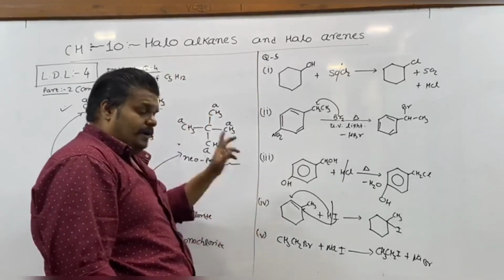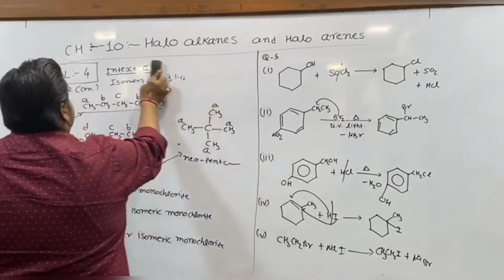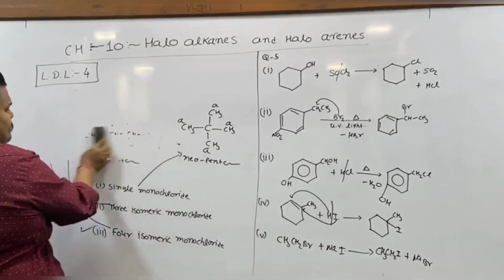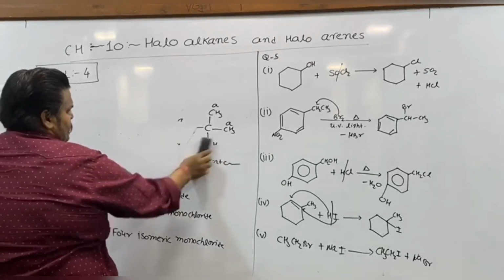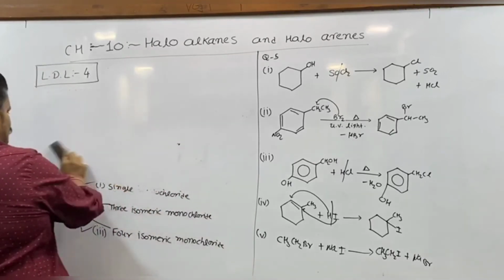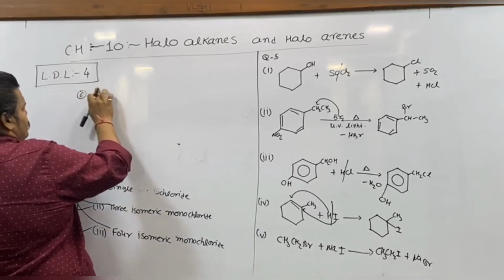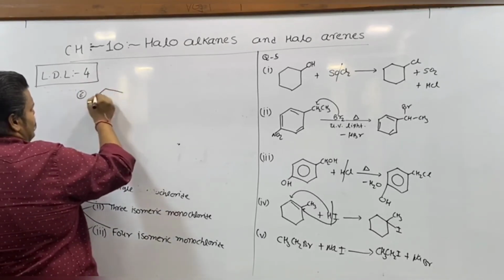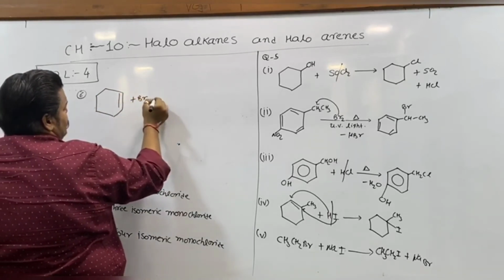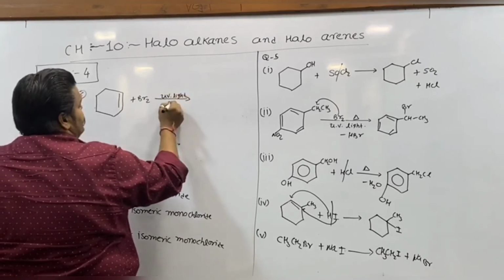In this question, we have one more reaction, labeled as number 6. The sixth reaction: a compound called cyclohexene undergoes bromination in the presence of UV light, ultraviolet radiation.